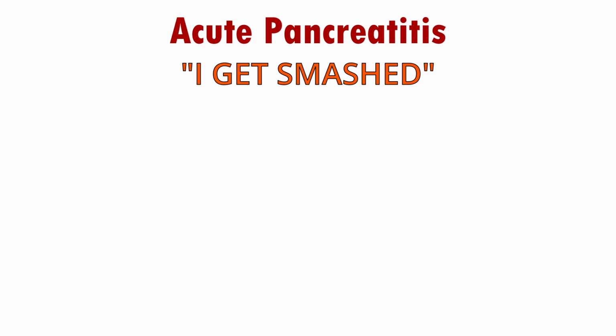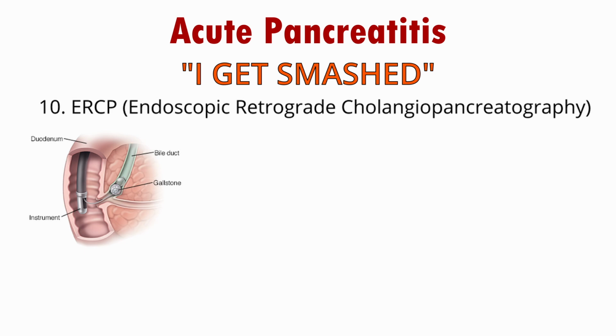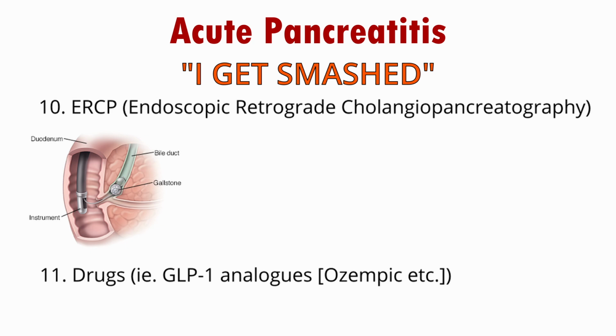And finally, we have endoscopic retrograde cholangiopancreatography, which is an imaging study used to look at the liver, gallbladder, pancreas, and bile duct system. And also drugs such as GLP-1 analogs, which includes the drug Ozempic.